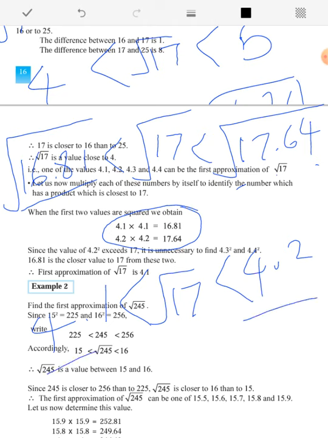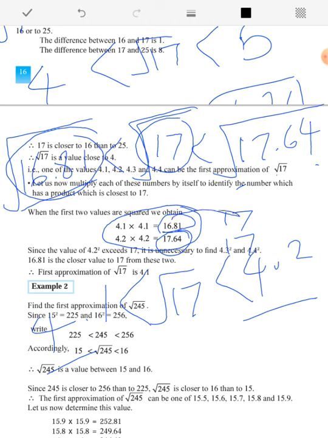So let's find the difference between 17 and 16.81. Don't consider the square root part. Just check the difference between these numbers and 17. When you find the difference between these two pairs, 17 is very close to 16.81.